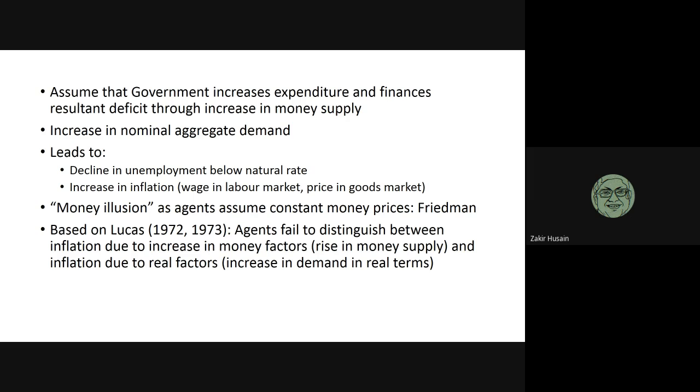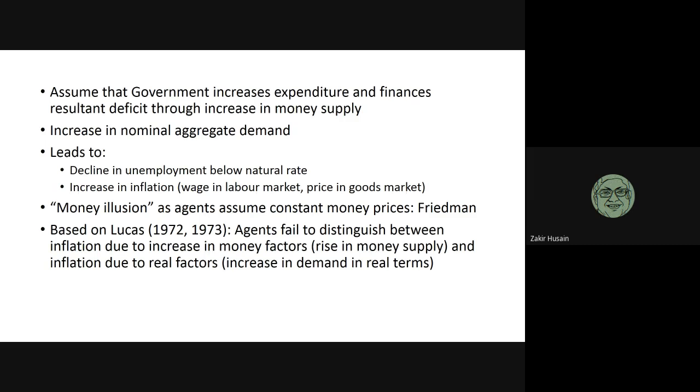So there's no change in real variables, only the money supply has gone up. People have more money in hand, but there has not been any increase in either demand or supply. So the increased money supply will lead to an increased price level via the quantity theory. It's as simple as that. V and T are constant. If M goes up, P will also rise.